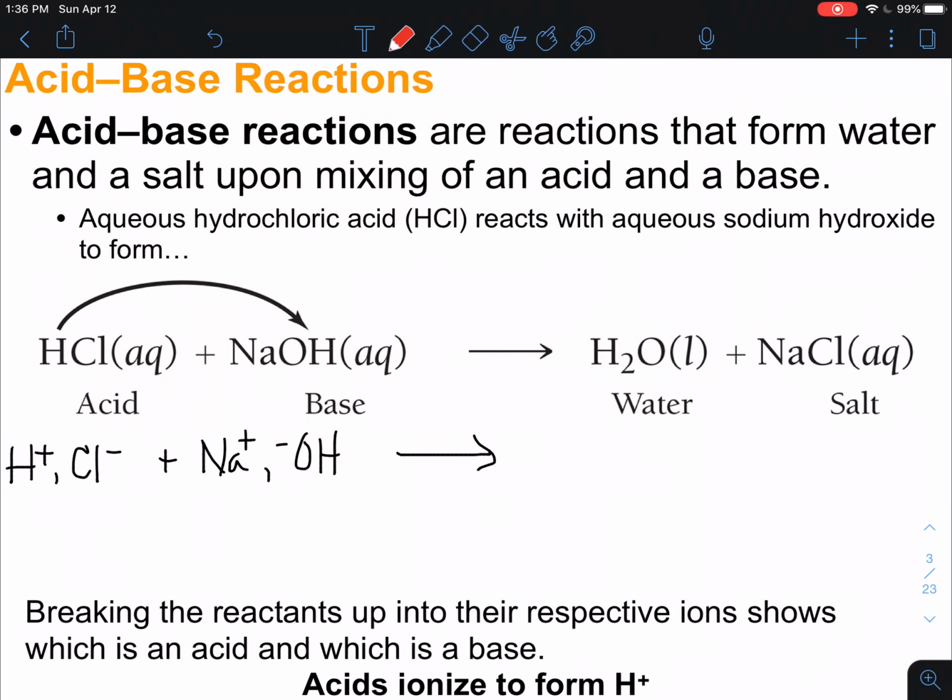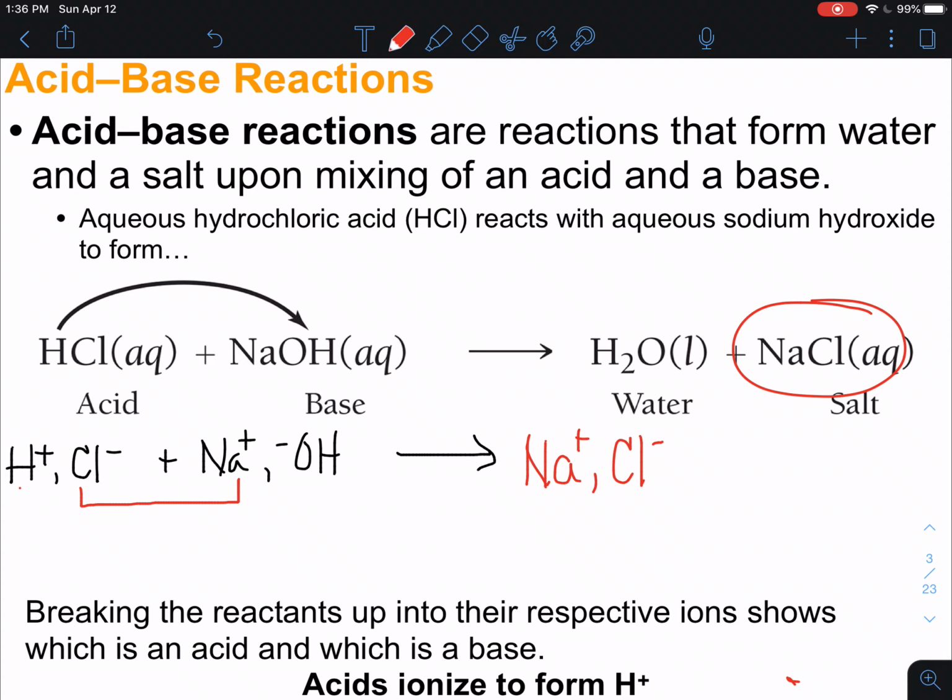Before we do the hydrogen, let's look at the chloride. The chloride and the sodium cation are going to come together and form NaCl. It's soluble, so it's going to keep it as Na+ and Cl-.